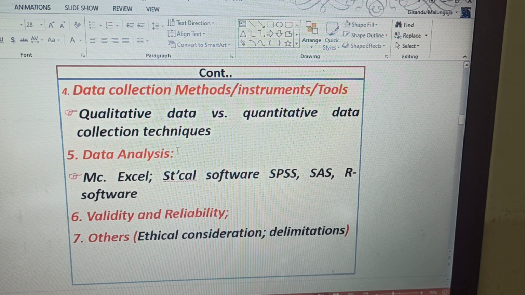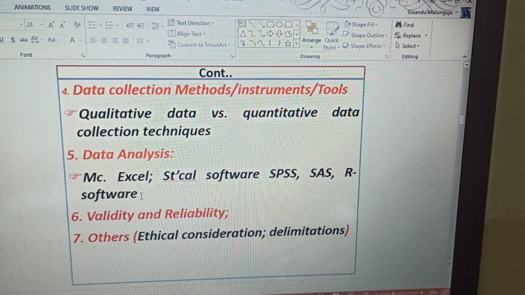We can simply analyze by the use of Microsoft Excel. We can also use statistical software: SPSS, which is very common in social fields, SAS, and the R software, which I prefer to use. Though it has some statistical commands and computer-based commands, it is very easy and very useful.